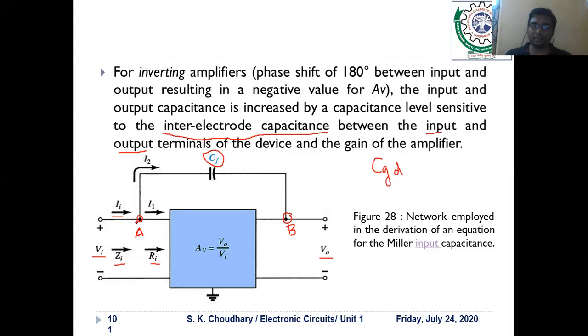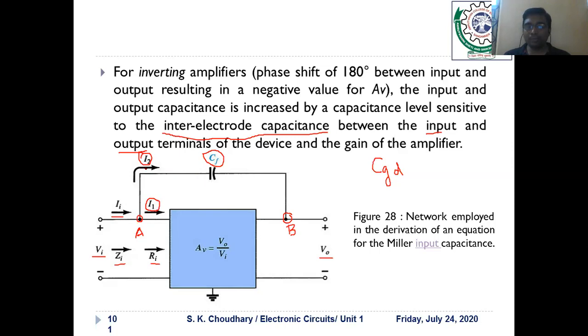When this current reaches node A, it is subdivided according to KCL into two branches. First is I1, the current flowing into the active device, and I2, the current that starts to flow towards the feedback capacitor.